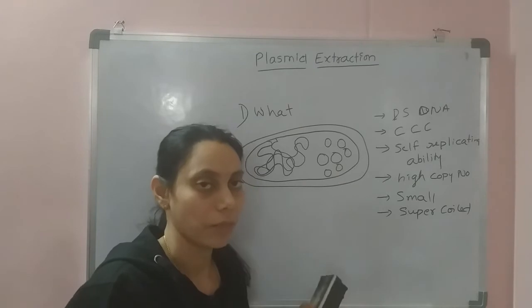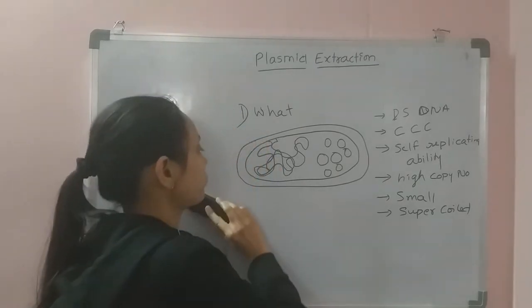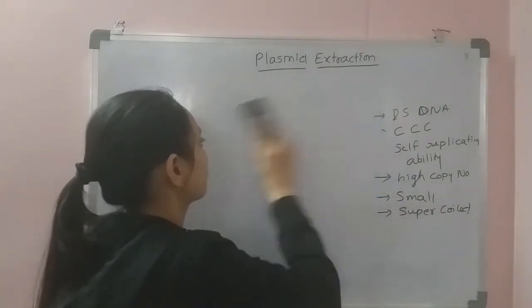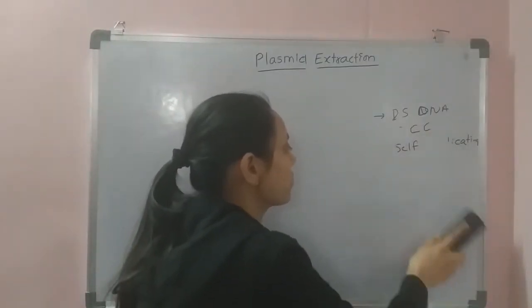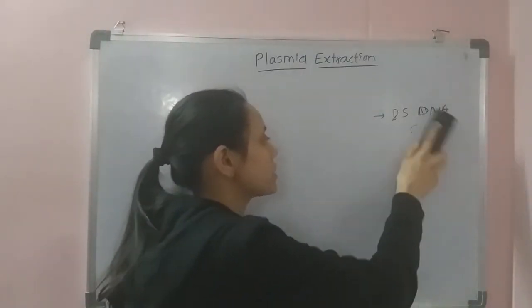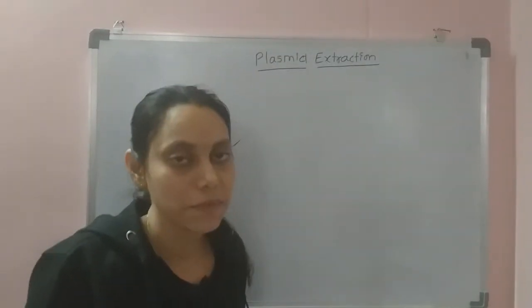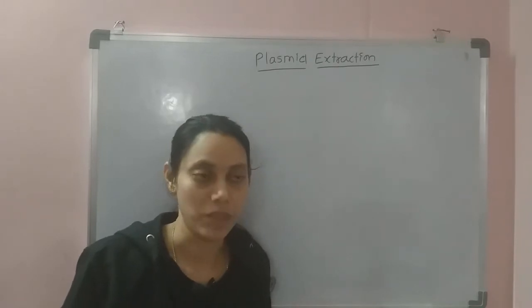So these are the basic characters of the plasmid. Why do we need to isolate plasmid? As we already discussed, plasmids are generally used as vectors in genetic engineering experiments.